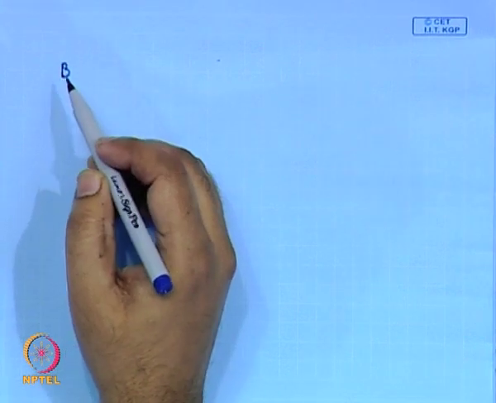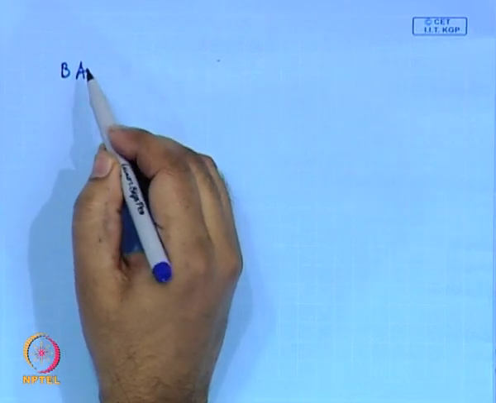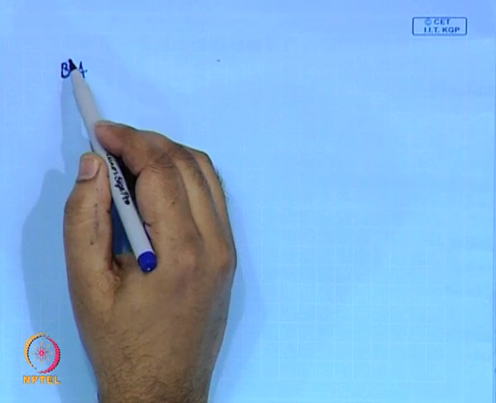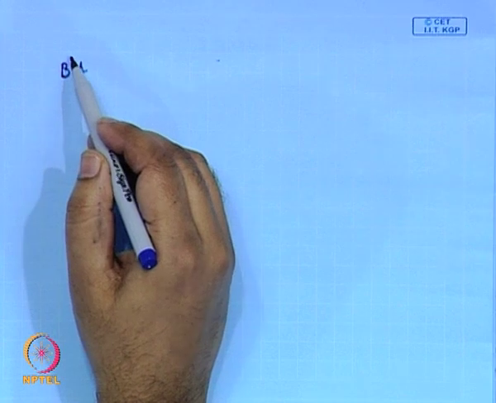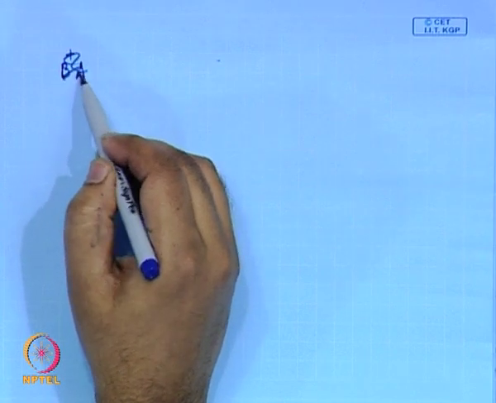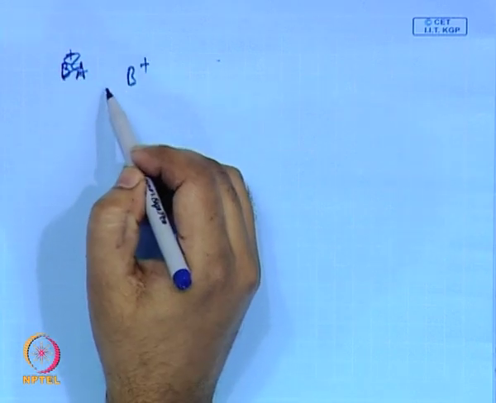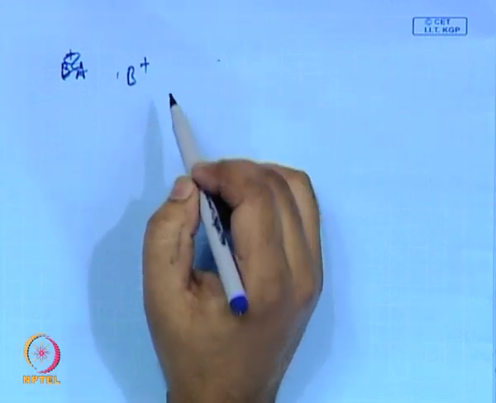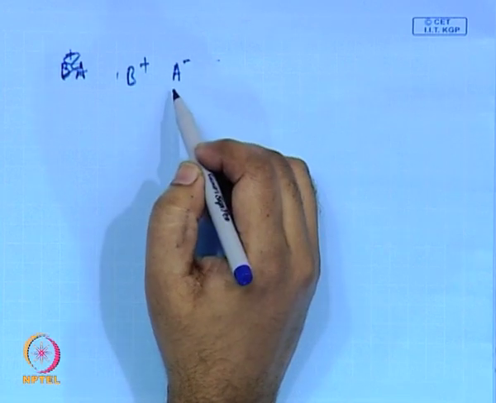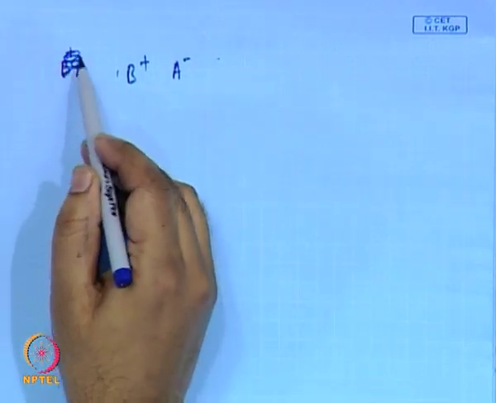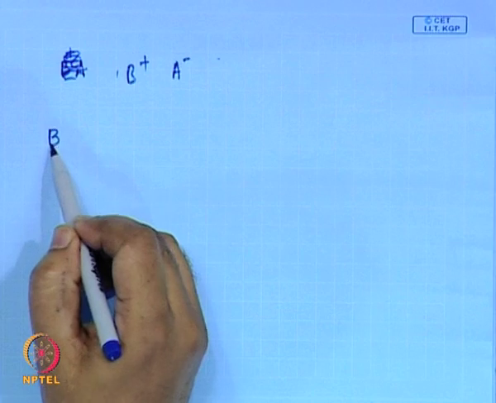Now, if you want to write a generic structure of a cationic propagating species, it has a cationic reactive center, say B, and a counter ion, which is represented as A minus. What are the possible states in which they can be present?